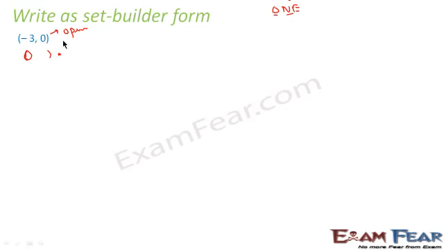So here also the endpoint is not considered. So that means we are talking about x where x is greater than -3 and less than 0. Please note it is greater than, it is not greater than or equal to. And then if you want to write it in the set builder form, we'll say set A = {x : x is this}. This is the answer.